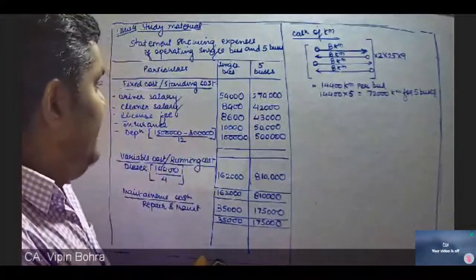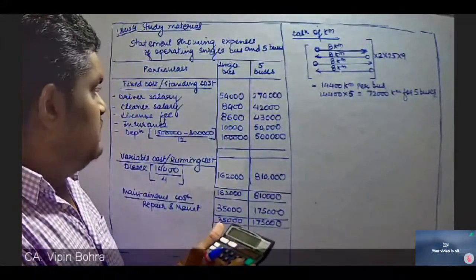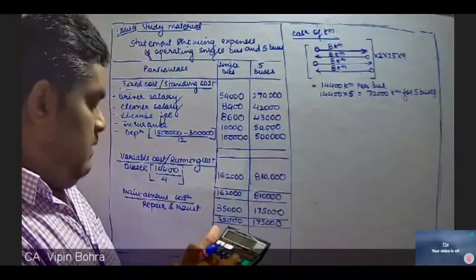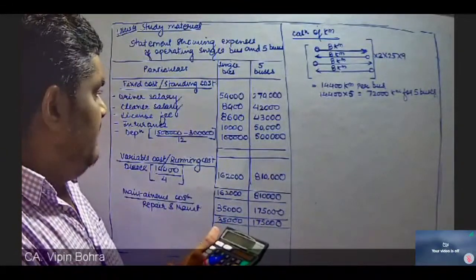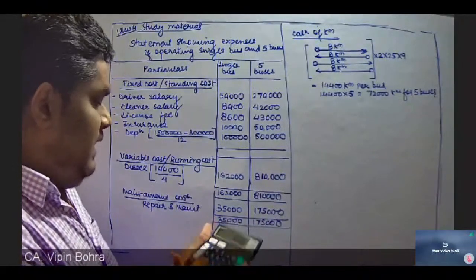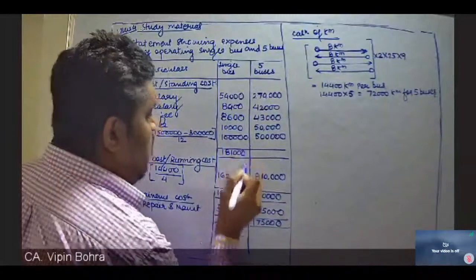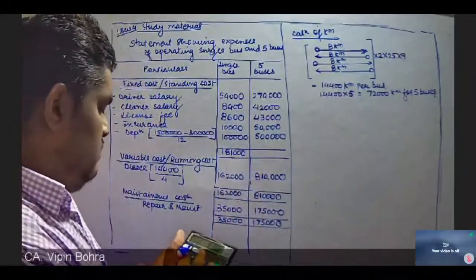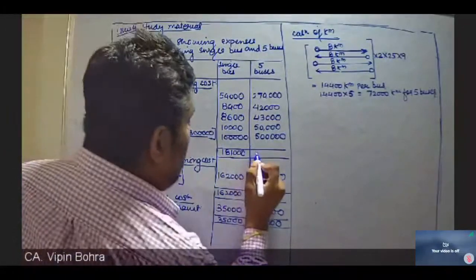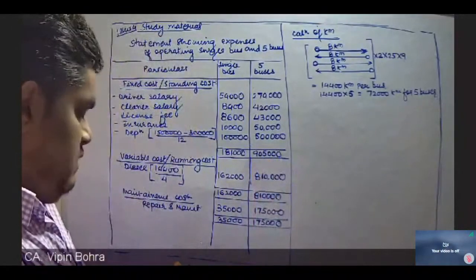So let's make the total of all the fixed costs. 54,000 plus 8,400 plus 8,600 plus 10,000 plus 1 lakh, that is 1,81,000. And 9,05,000.